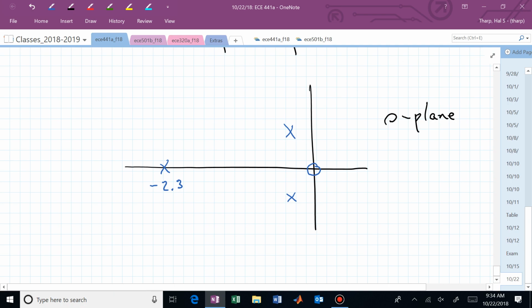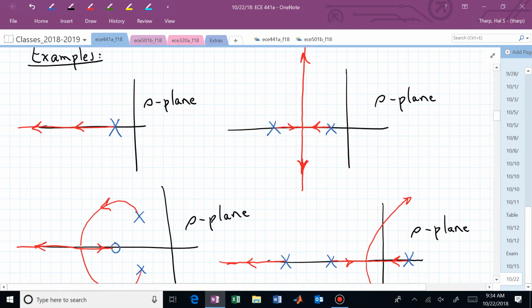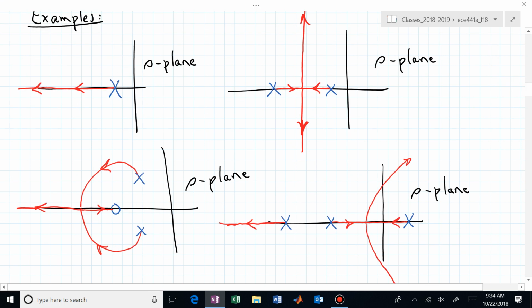And what we want to do is draw these red lines. Do you see any pattern here that looks like what we just have with x's and o's? The only pattern we have here with a 0 is in the lower left, we do have two complex poles, but we have a third real pole, so we don't have anything similar to what I gave you as examples from before.